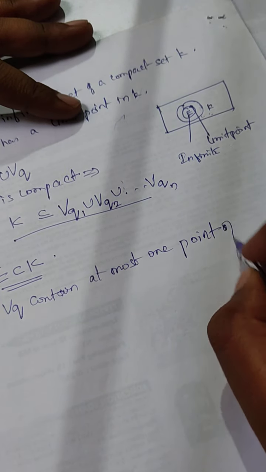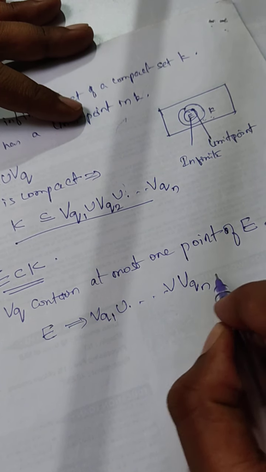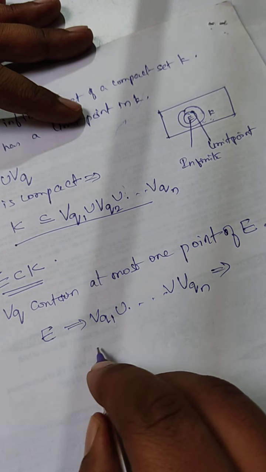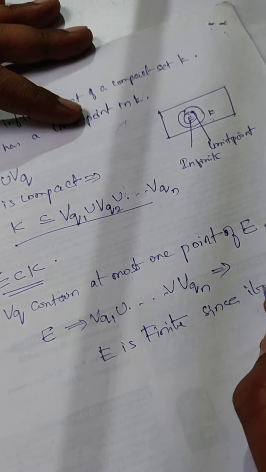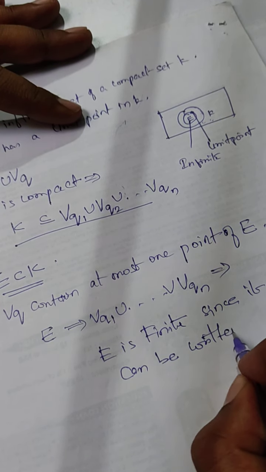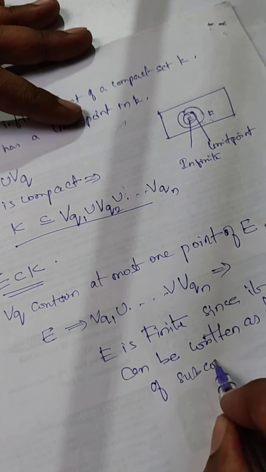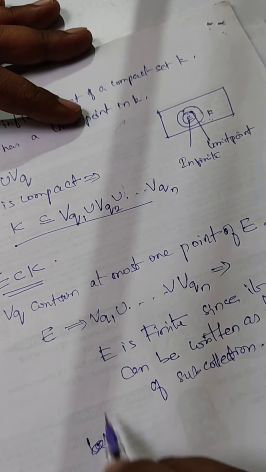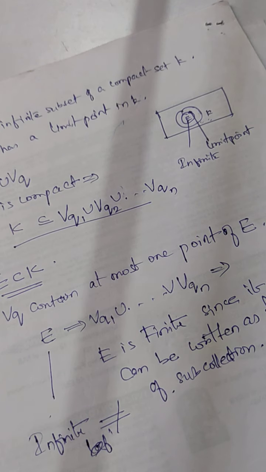Now from there we can conclude that E can be written as V alpha 1 union up to V alpha N. That implies E is finite, since it can be written as a finite union of the subcollection. But the left hand side is infinite, which is not equal to finite, hence there is a contradiction.